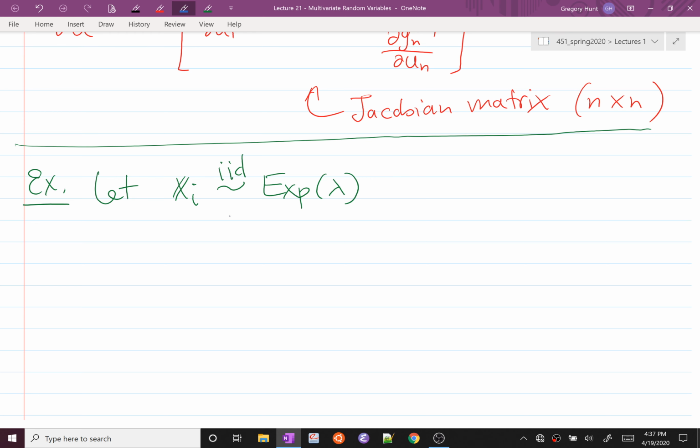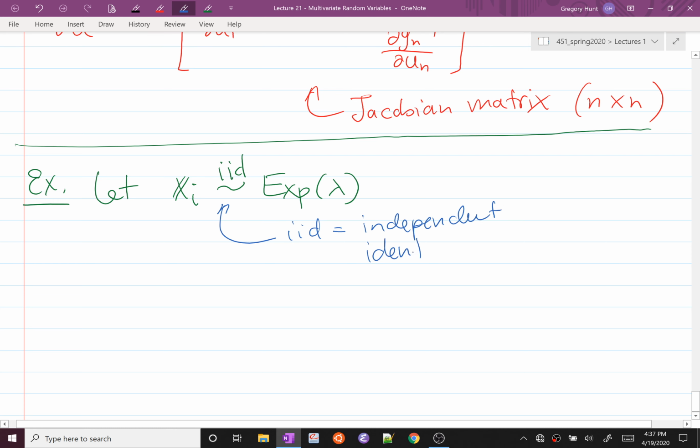So this notation here, iid, is independent and identically distributed. So all of the x of i are independent of each other, and they have an identical distribution, namely in this case, exponential distribution with lambda.